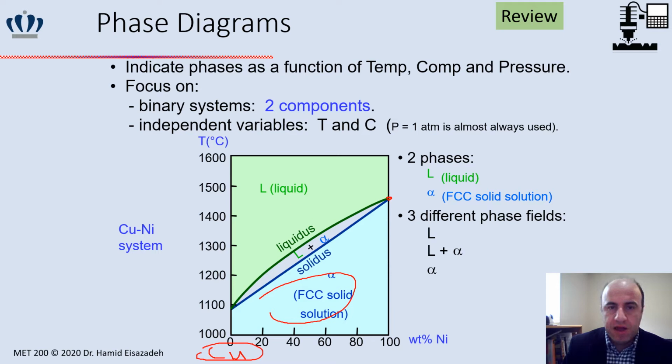If you go toward the copper, then the melting temperature is going to be lowered. And then we have a liquid region, and there is a certain composition and temperature at which both liquid and solid alloy coexist in that system.